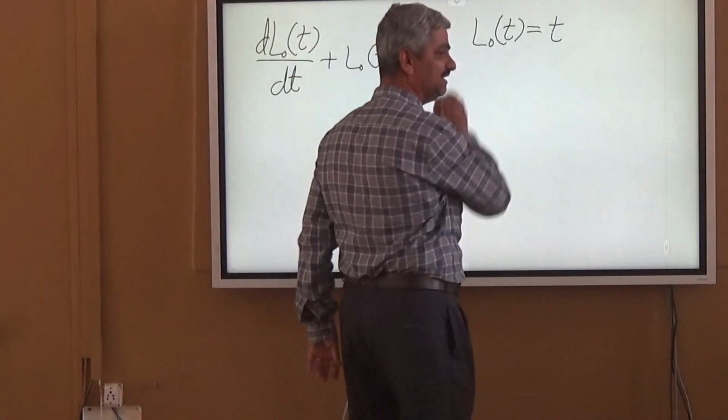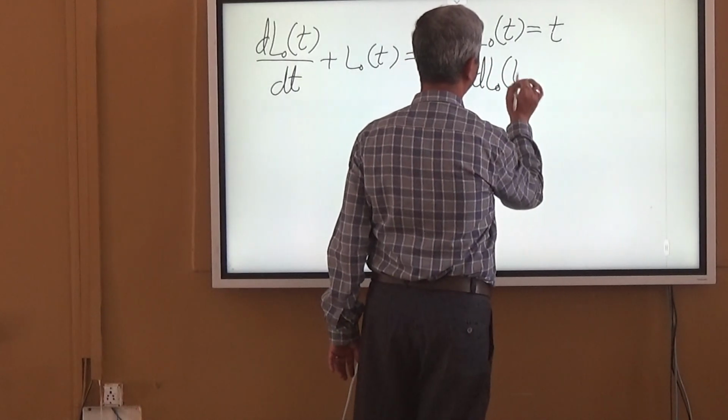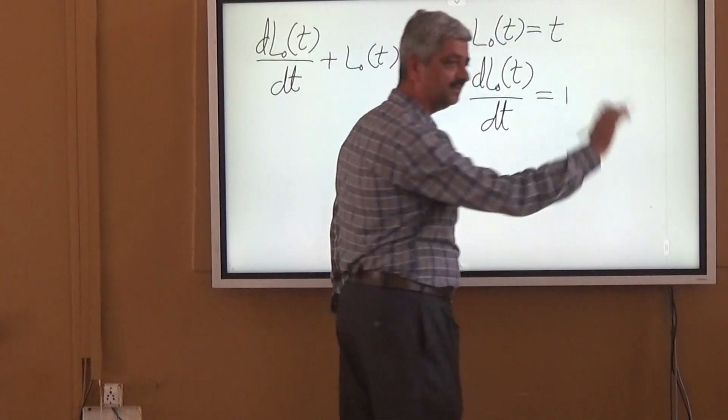So if LOT is equal to t, then dLOT by dt is 1, right?